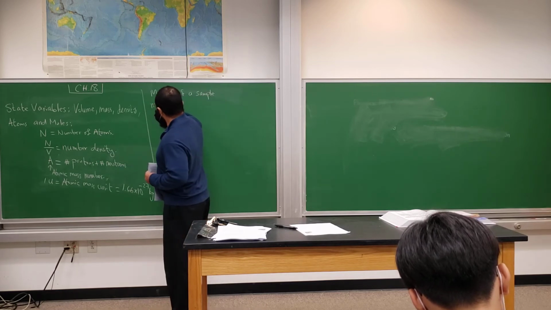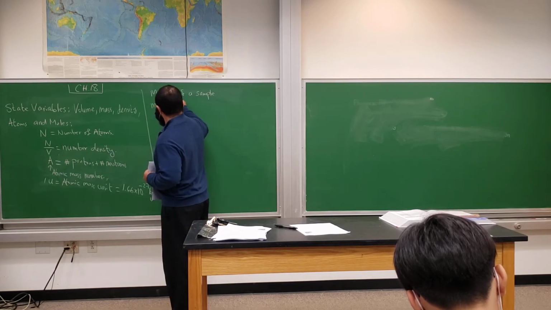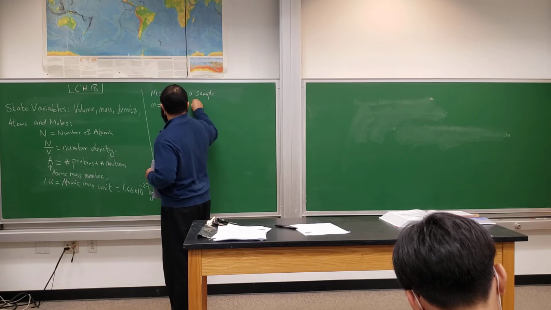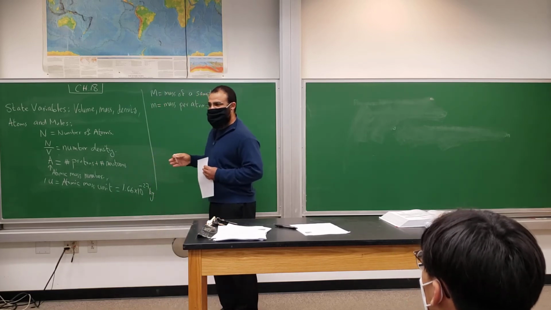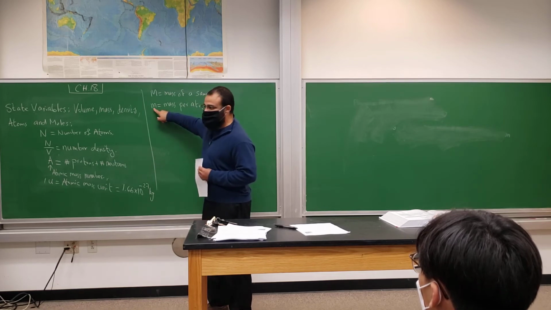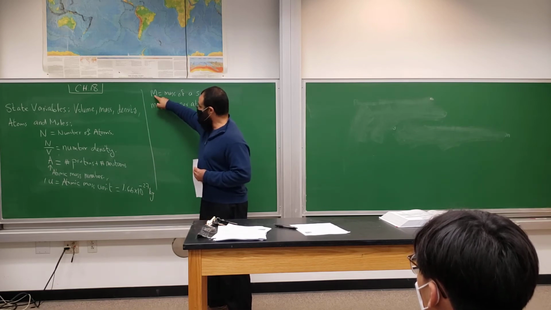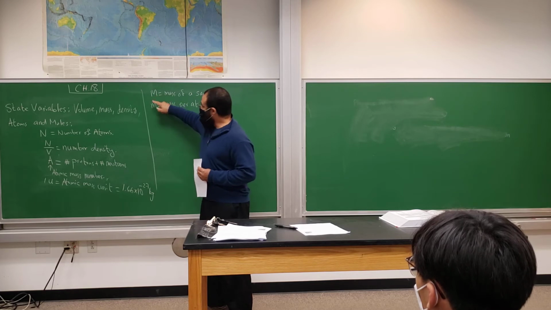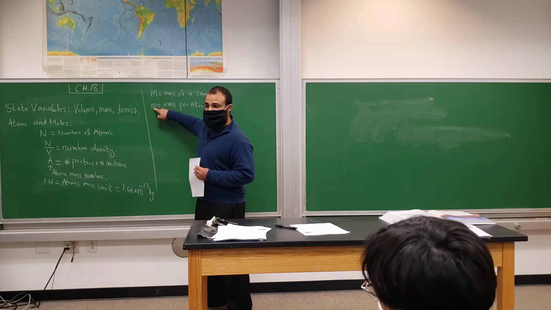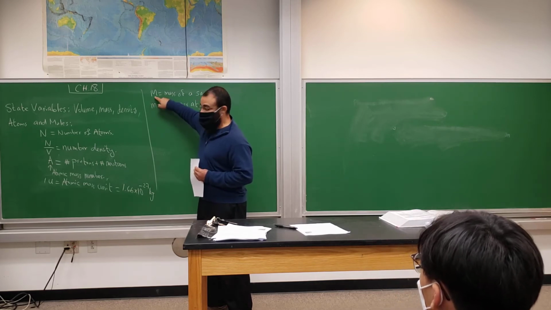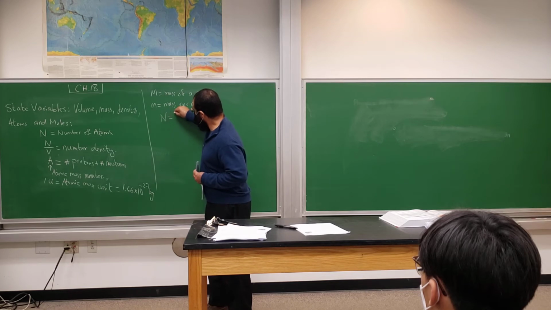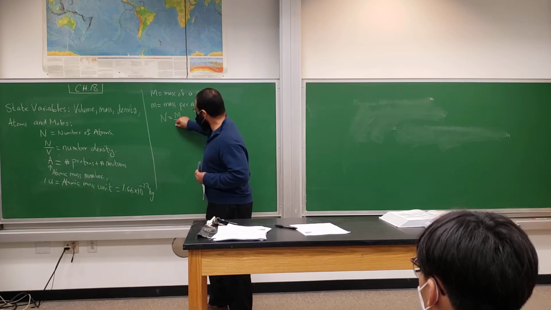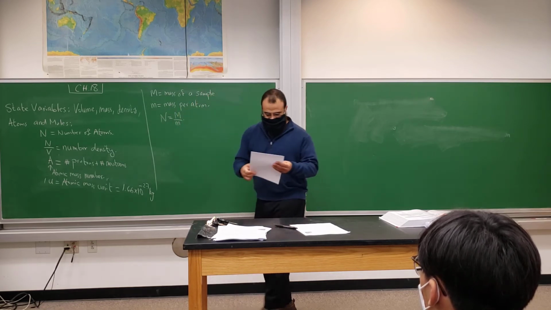Little m is the mass per atom. Since this is the smallest unit that makes up this mass, N times this atom gives me this mass. So capital N, the number of atoms, would be capital M divided by little m.